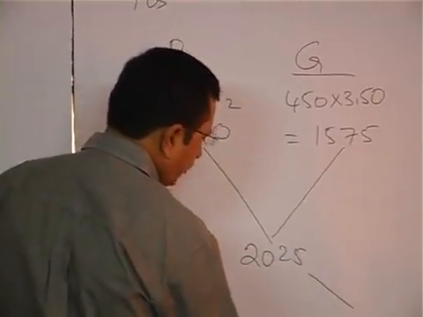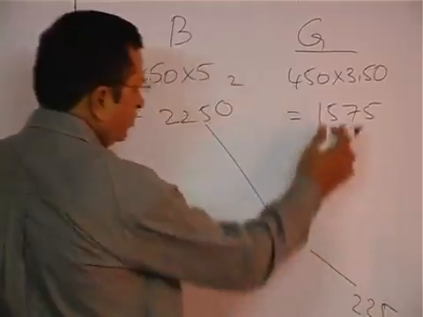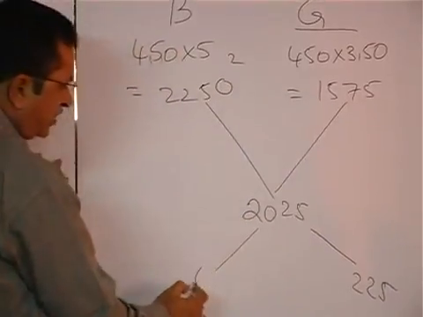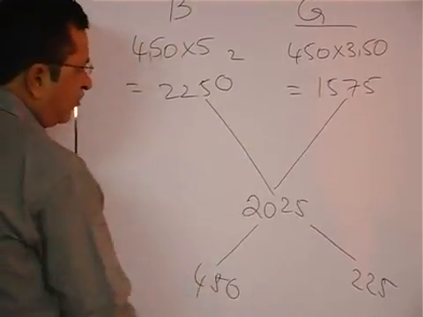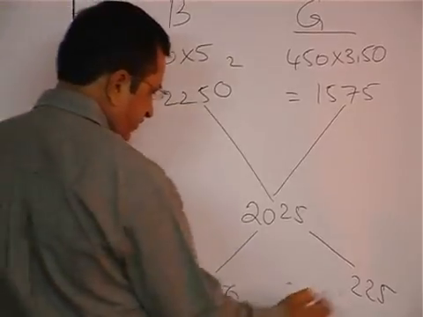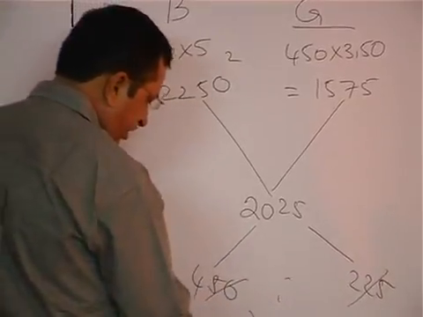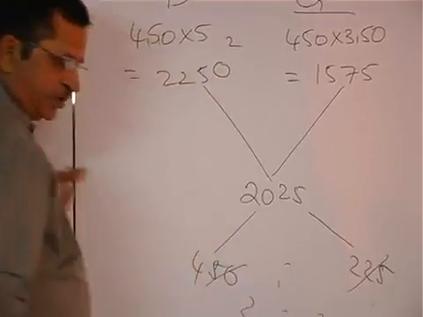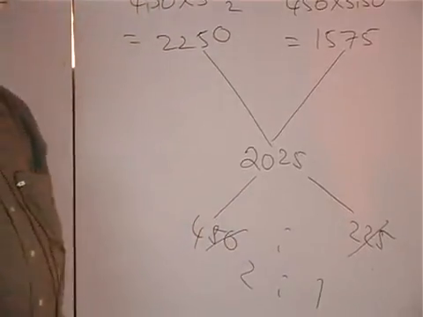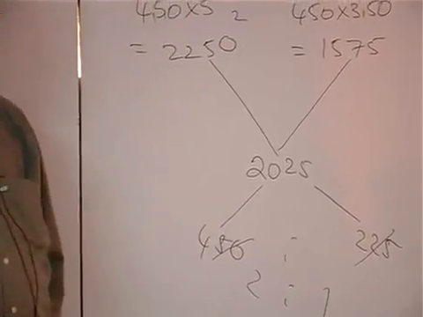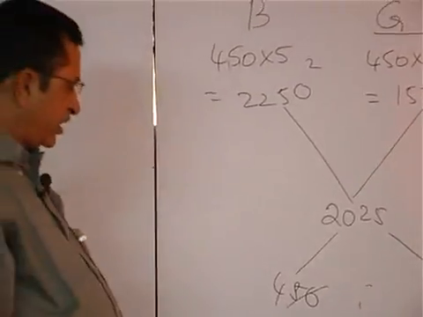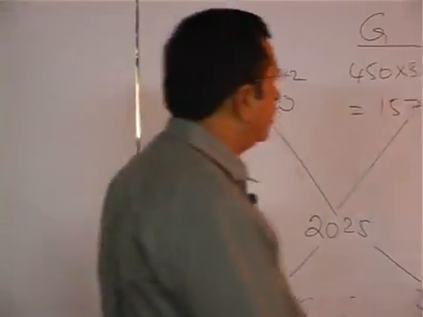2250 and 2025, the difference is 225. This and this, the difference is 450. That is 2:1. The boys and girls are in the ratio of 2:1.